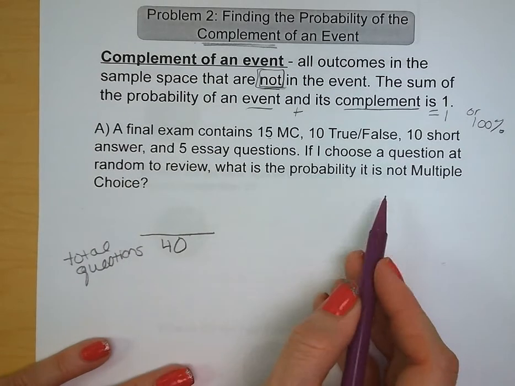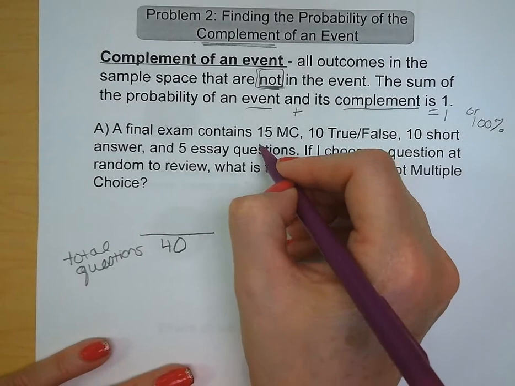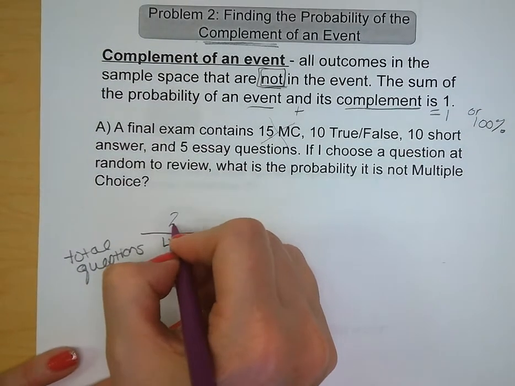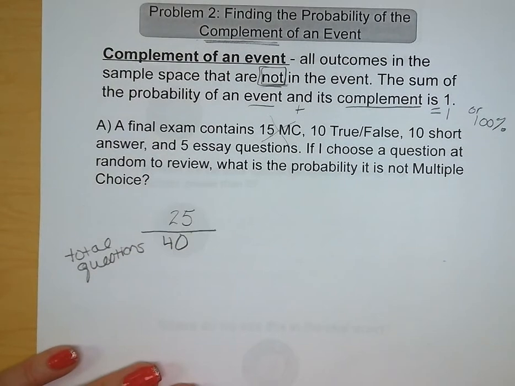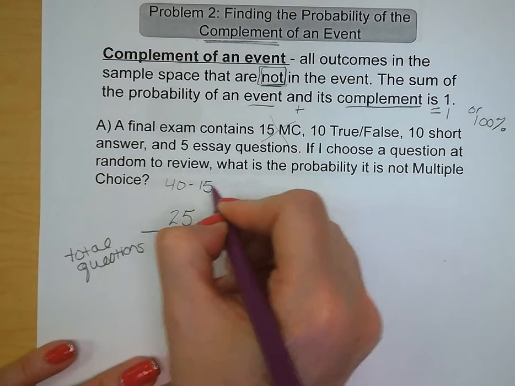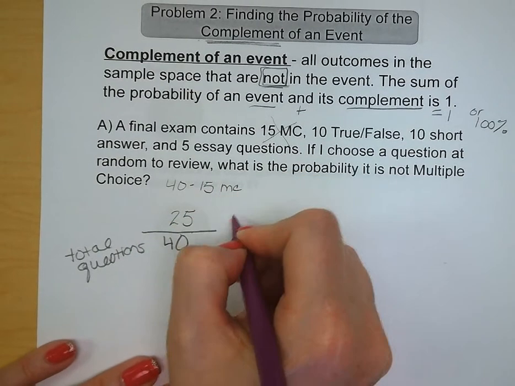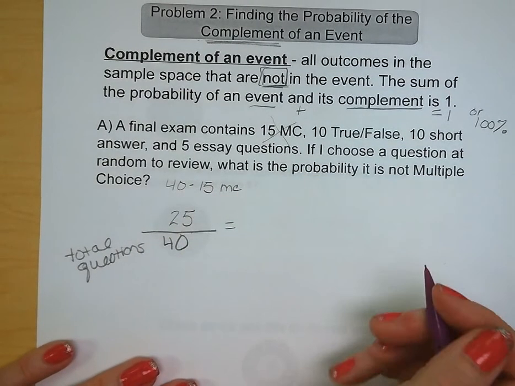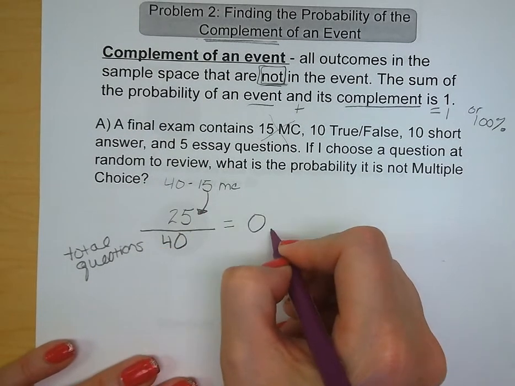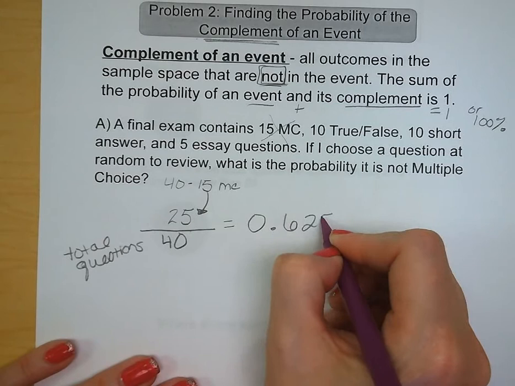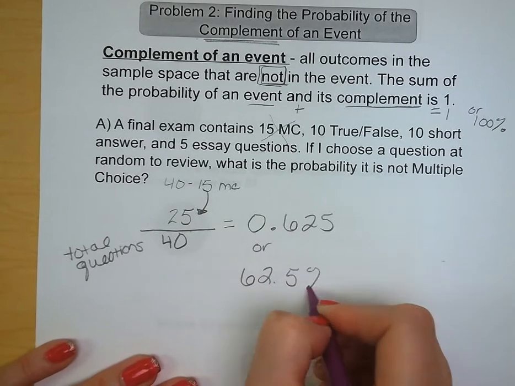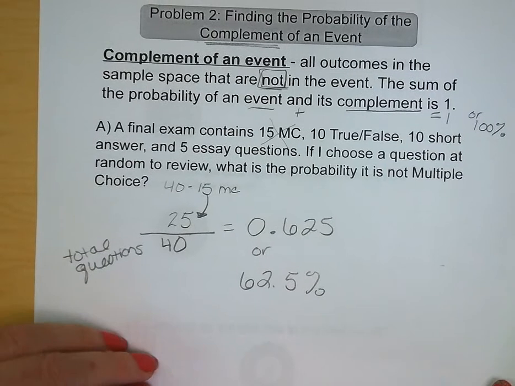So we're going to add up all the ones that are not multiple choice. So 10 plus 10 plus 5 is 25. Or you could take your total of 40 questions, subtract the 15 multiple choice, and you got the 25. All right, and that's going to give us 0.625, which is 62.5%. Pretty straightforward.